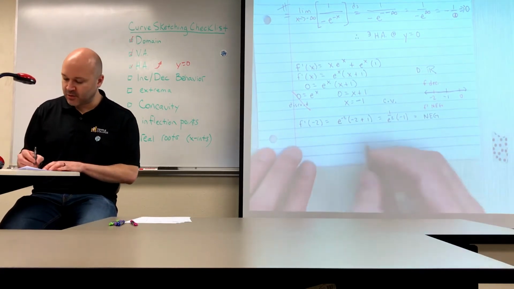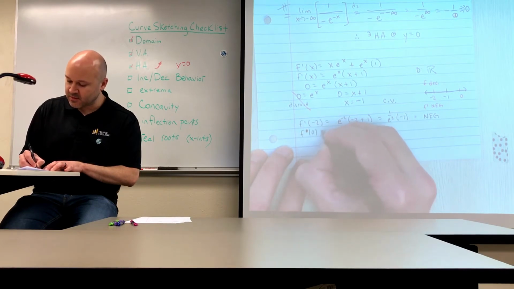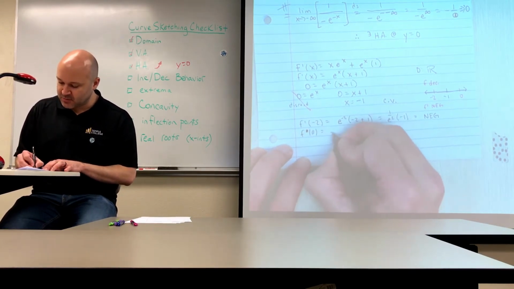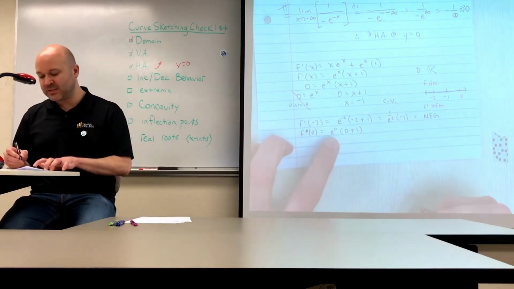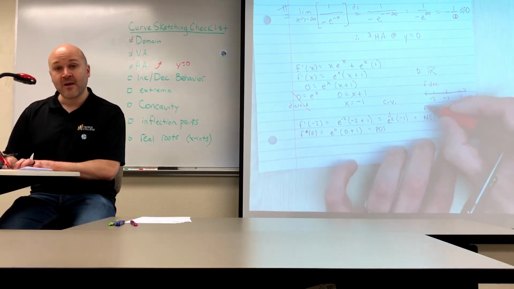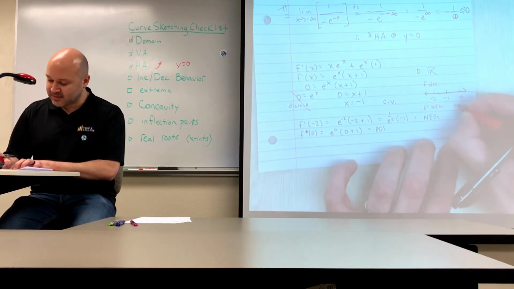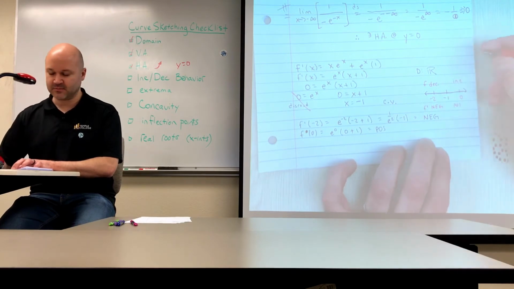I'm going to test 0 real quick. F prime of 0, well, that should be easy. E to the 0 times 0 plus 1. 1 times 1 is a positive 1. So where the first derivative is positive, the original function was increasing.